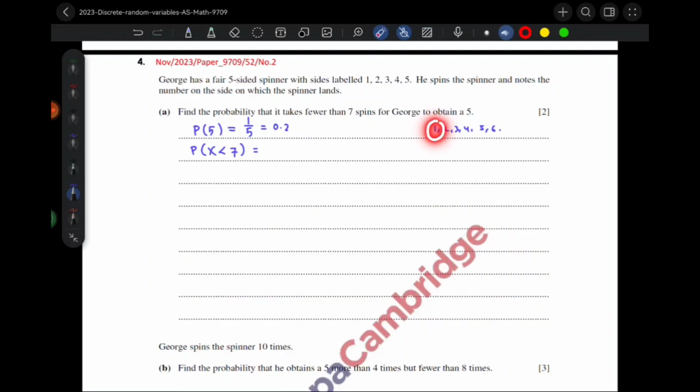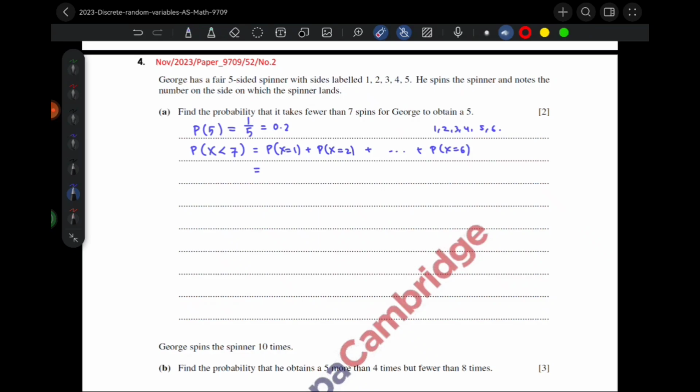X equals 1 means he takes 1 spin to obtain a 5. If we get 5, then he stops. So we need the probability of X equals 1, X equals 2, and so on until X equals 6.